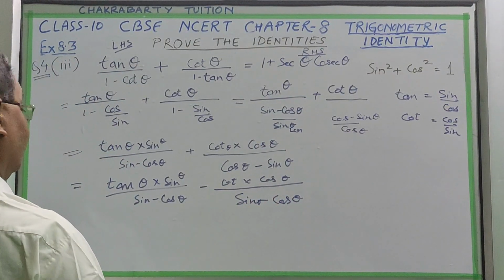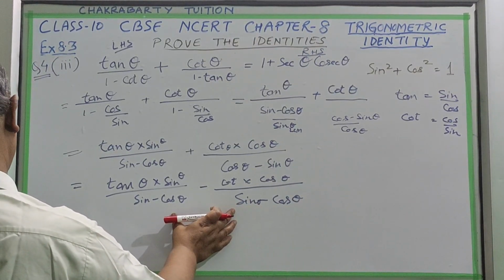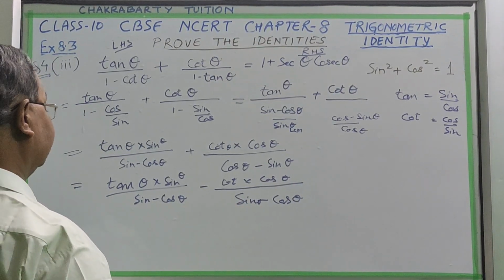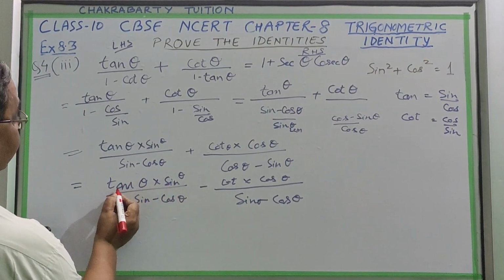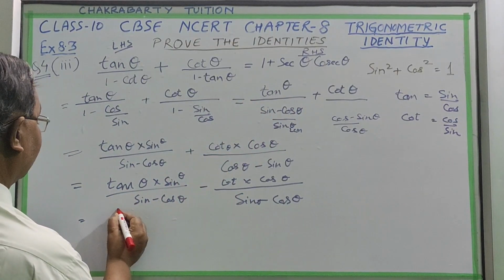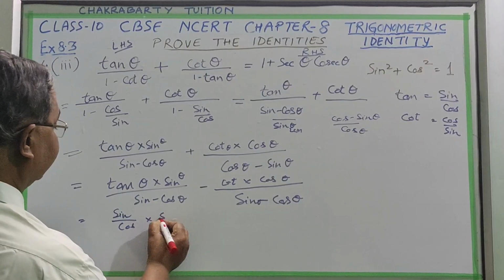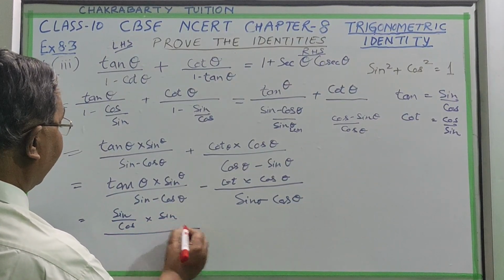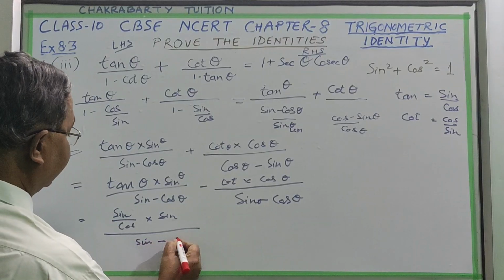Now what can we do? We will make an LCM of it. So now for this sign we are changing it. Tan we can write as sine upon cos. Sine upon cos into sine theta upon sine minus cos.